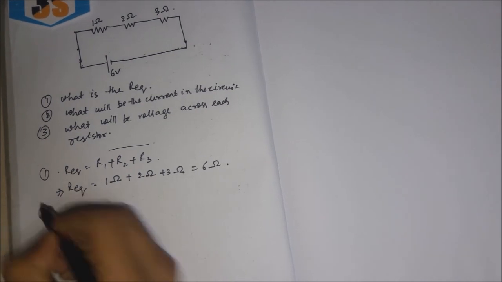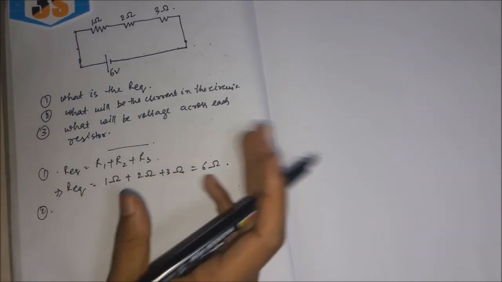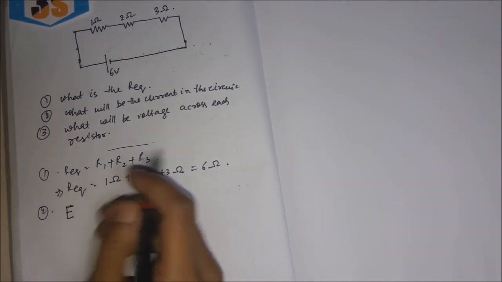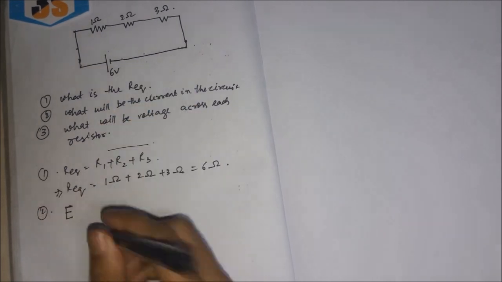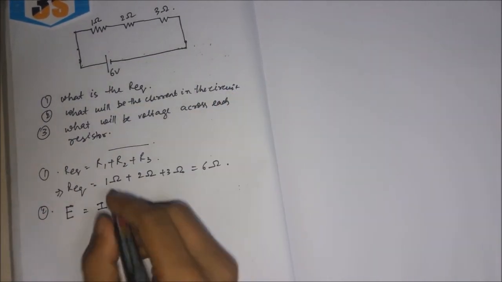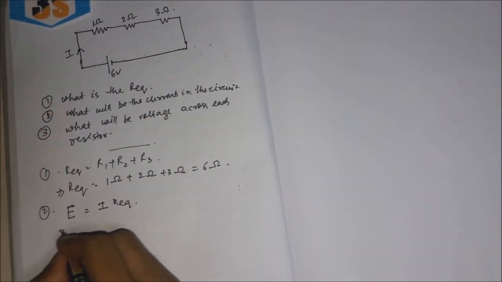Now, what will be the current across the resistors, or what will be the current in the circuit? The net potential provided by the cell, which is equal to 6 volt, is equal to I, the current flowing through the circuit, into the R equivalent. Let I be the current.